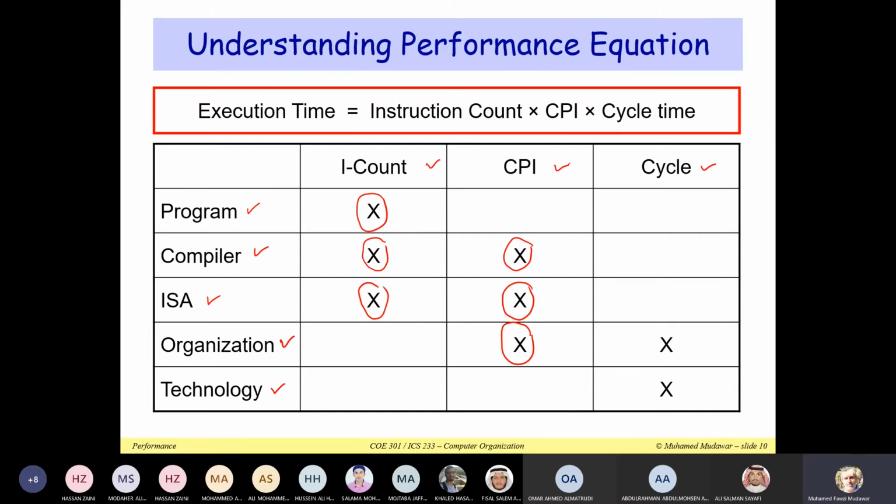It will also depend on the ISA and the compiler. Now, it might not be really clear why it depends on the compiler, but it depends on how the compiler has translated the program. For example, if you have x multiplied by 2, you can use the multiply instruction, or you can use shift left to multiply by 2. If you shift left the bits by 1 bit, and this is an integer, you can multiply by 2.